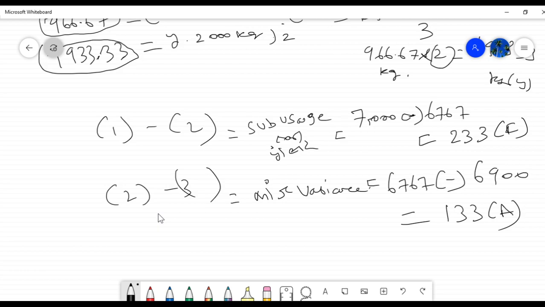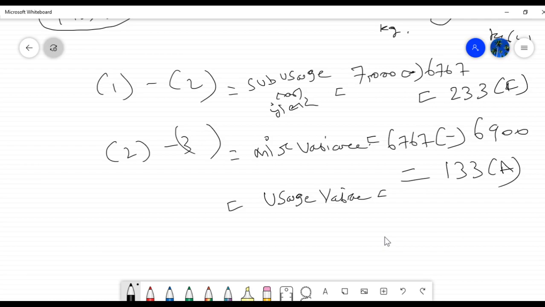Then what is the next step? Sub usage identified, mix identified, then we have to identify usage variance. Usage variance is nothing but what quantity we should use as per standard versus how much we actually used. So 1 minus 3.